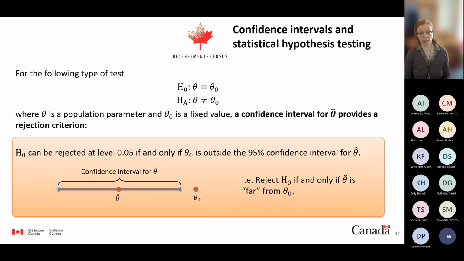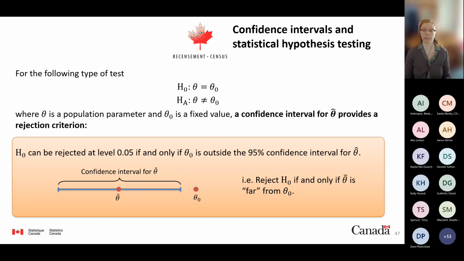And the picture shows how this works. So here we've got a 95% confidence interval for theta hat. Then if we want to do this hypothesis test at significance level 0.05, what we need to do is reject H0 if theta 0 is outside of the confidence interval. So in other words, we reject H0 if theta hat is far from theta 0, where the notion of far is actually defined by the confidence interval.